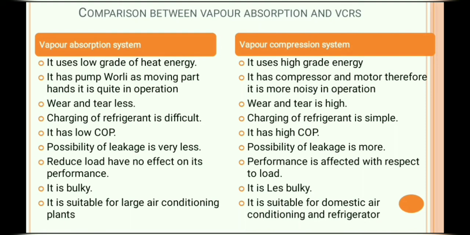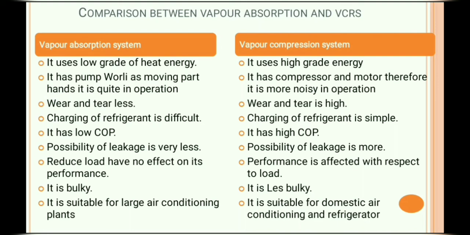If we talk about charging of the system, we all know the vapor absorption system works at a very low temperature, even at vacuum pressure. Therefore, at vacuum pressure, the charging of refrigerant is very difficult.